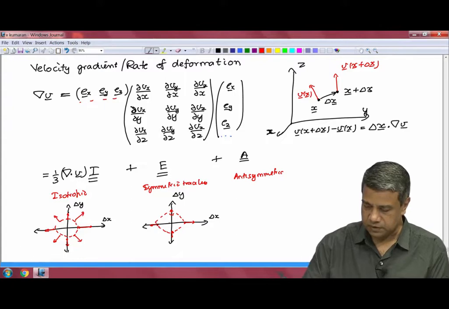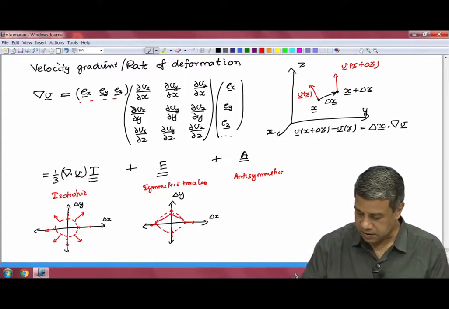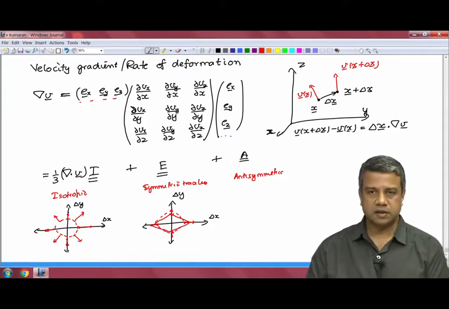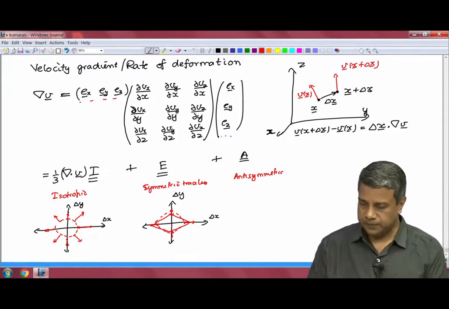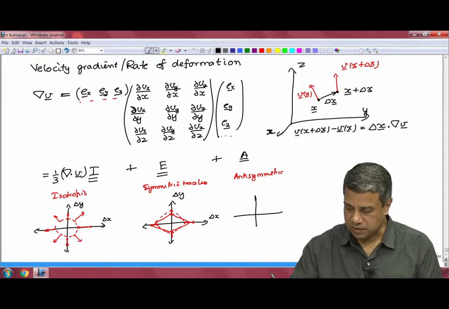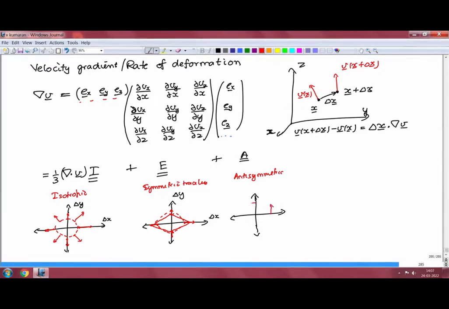The deformation is extensional along one coordinate and compressional along the orthogonal coordinate. And we had seen that this third part represents solid body rotation.